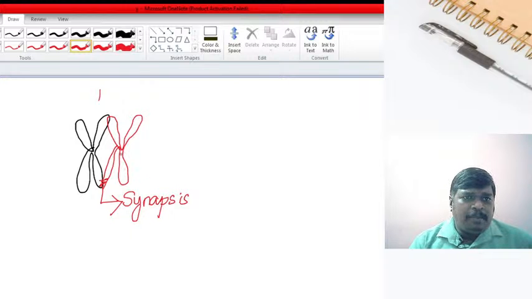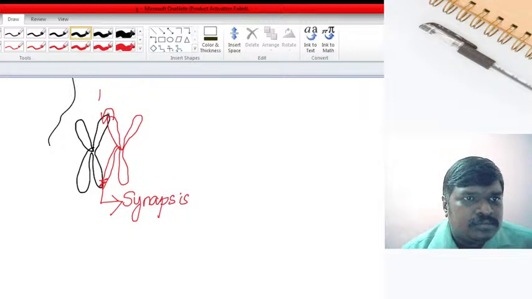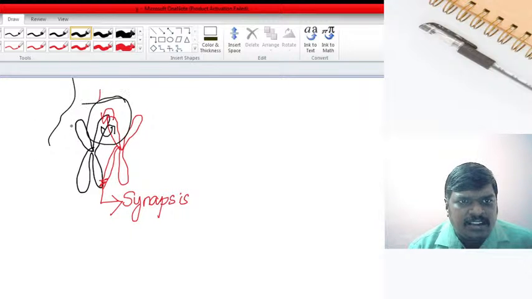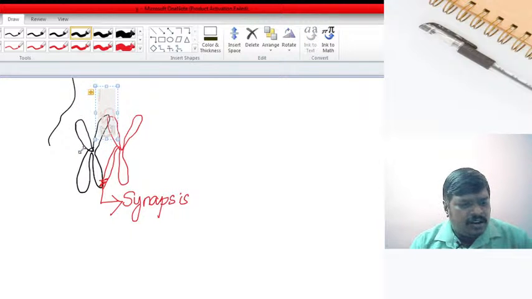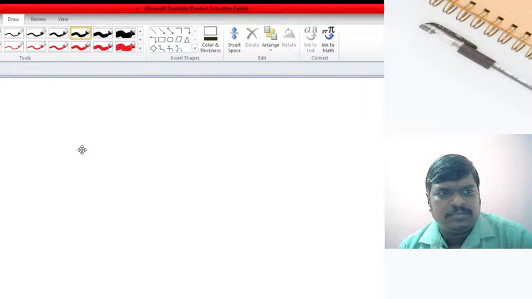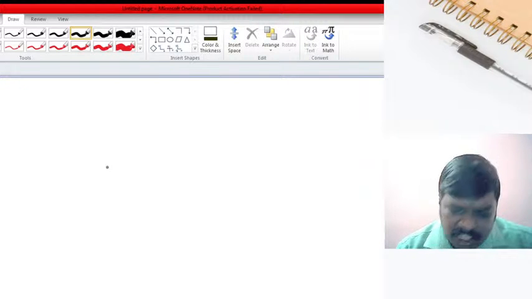And then what will happen? The exchange of segments takes place from here to here, and similarly from here to here. Can you observe it? After the exchange of segments, the chromosomes will look like this.